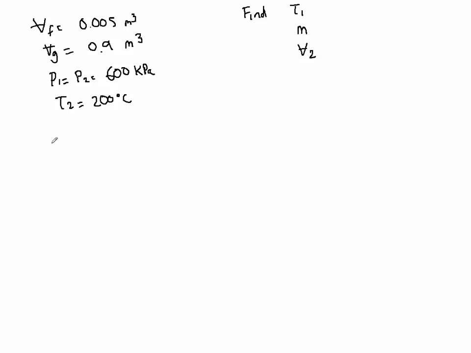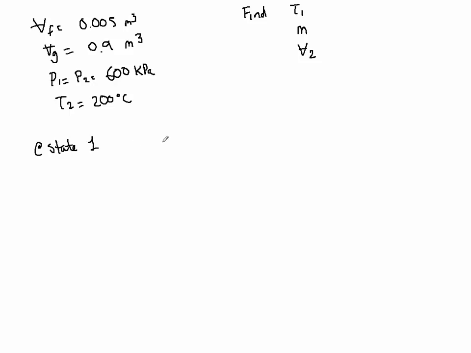Notice that one of the assumptions we could use is that at the beginning we're given both liquid and vapor. So at the beginning, state 1 is going to be a mixture. We'll start at state 1.